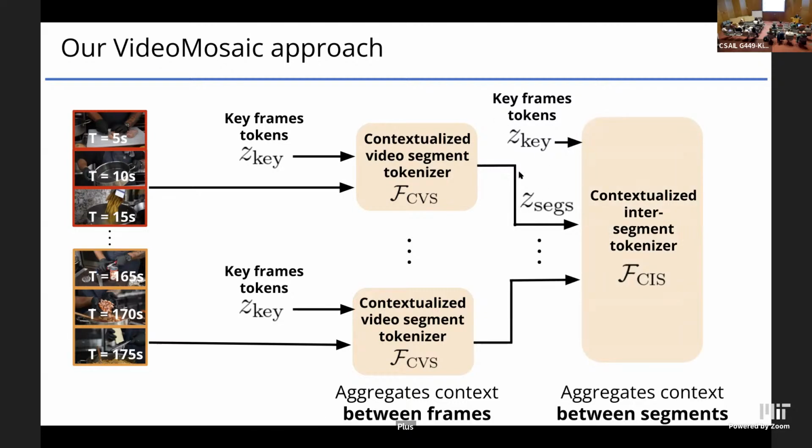So Z key is the global, Z segs is all the local segment tokens, and we feed that into another tokenizer that we call the contextualized intersegment tokenizer. You don't have to remember these acronyms, but the idea is that now we're going to aggregate all the information across all the segments. So that's the high level idea.